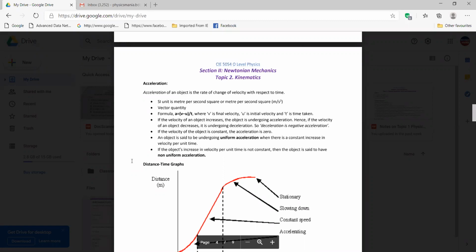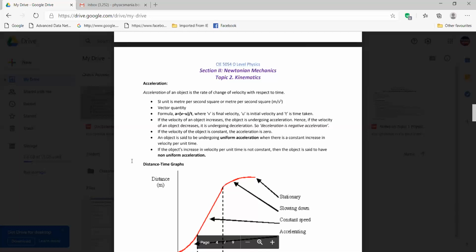Uniform means always the acceleration will be the same, right? That means the ratio of increase in velocity to time will always be the same. And non-uniform, there will be increase in velocity, but the ratio will vary. That means acceleration will vary.